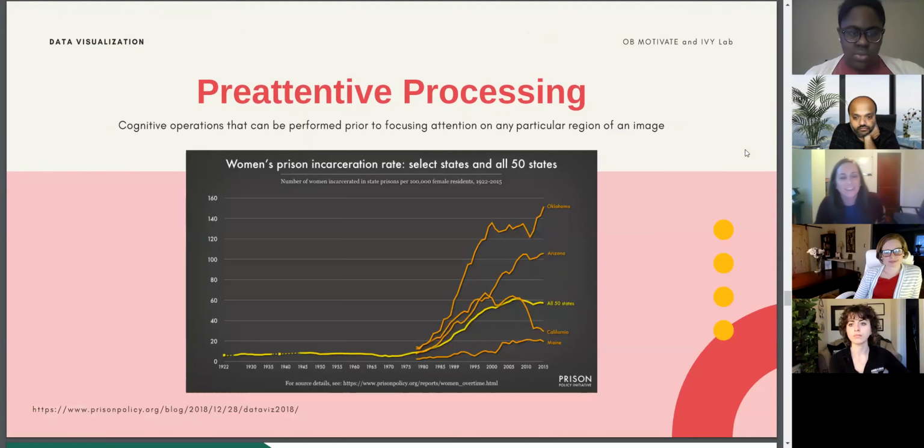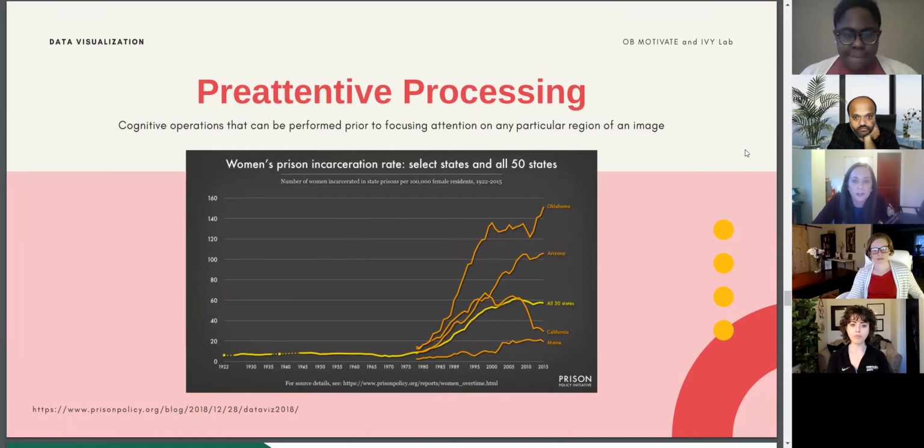Okay, the next one is from the Prison Policy Institute, and this is a plot of how the women's prison incarceration rate has changed over the past 100 years. So they're using color to distinguish between two rates and make two different points. So the yellow is the national average. So from that line, it's easy to see that the women's prison incarceration rate really started to spike up in the 80s.